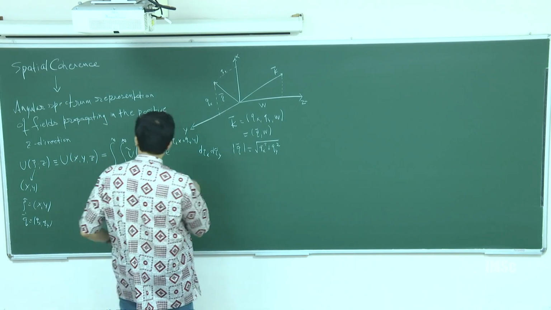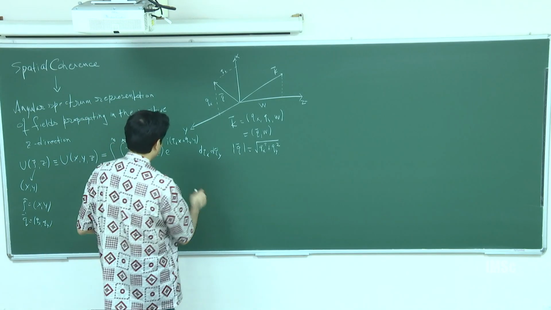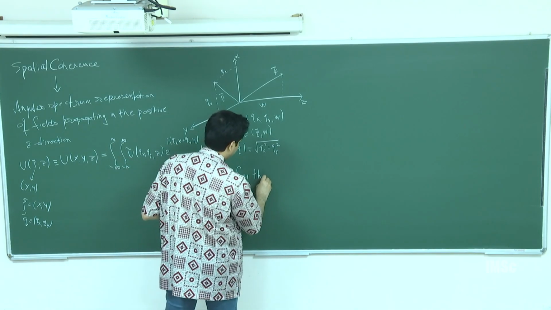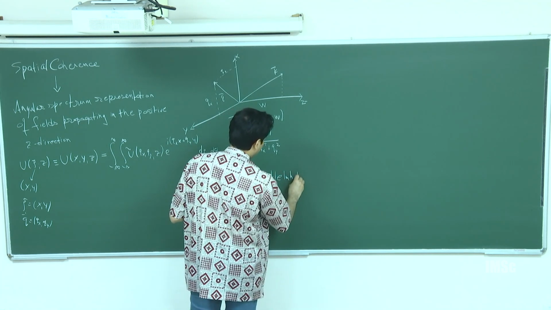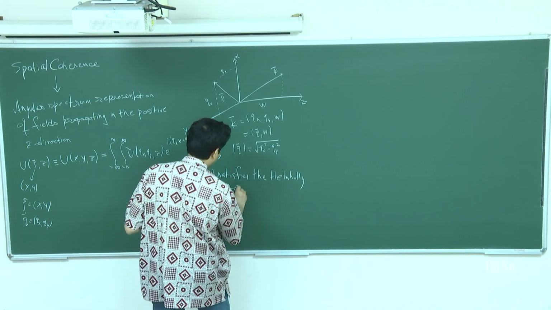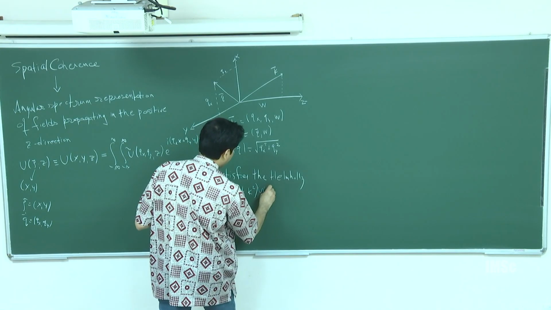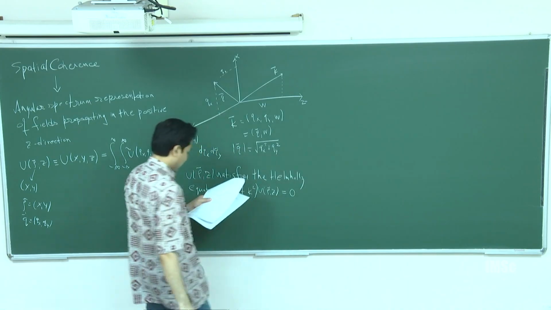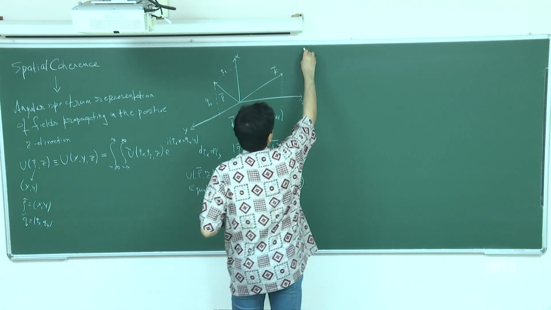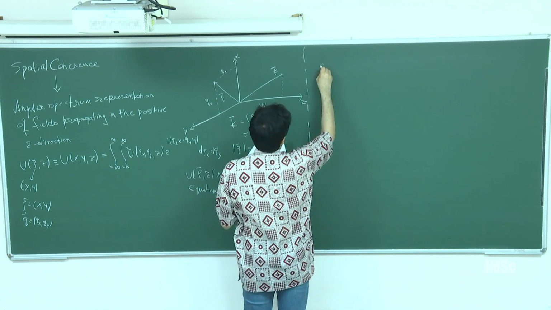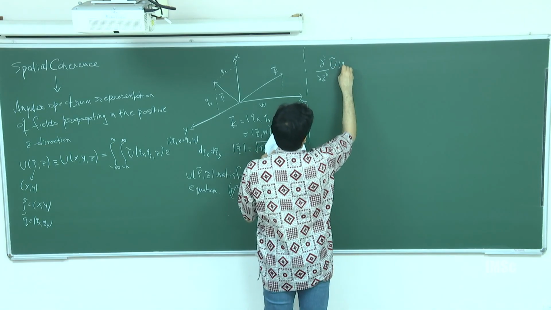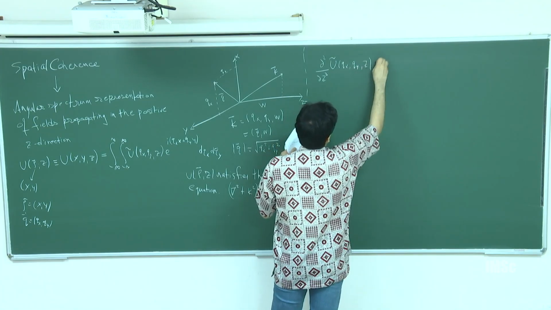So we saw that u of rho, z satisfies the Helmholtz equation, and this is the differential equation for u tilde.